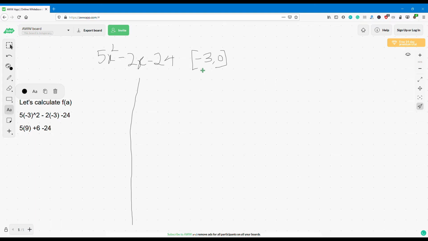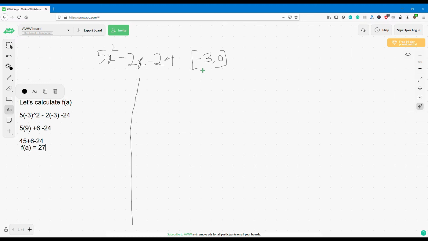That is 45 plus 6 minus 24, which gives f of a.